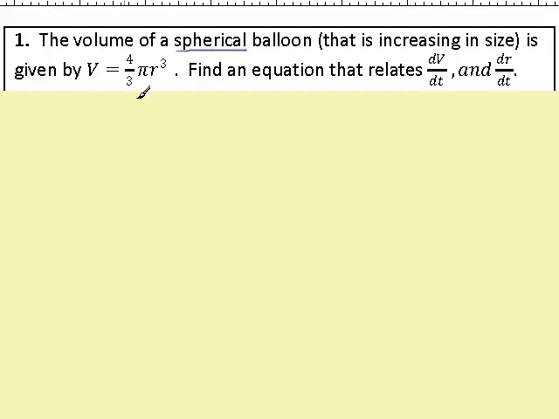The volume of a sphere is given by this formula, V equals 4/3 pi r cubed. So in that way, V is related to r in this equation. Now we want to find an equation that relates dV/dt and dr/dt, so we're going to differentiate with respect to t.